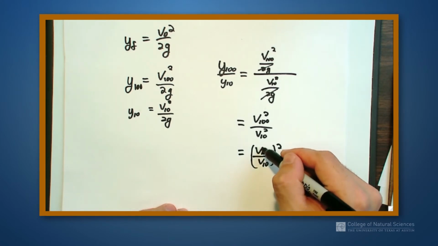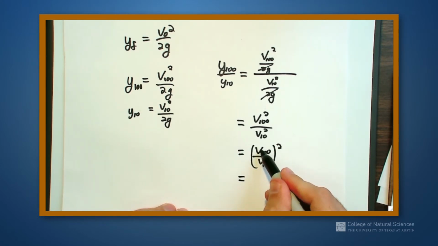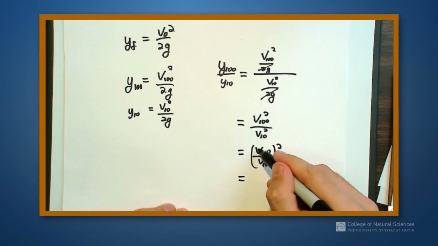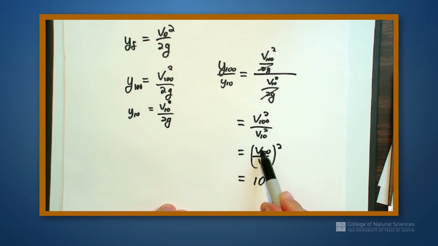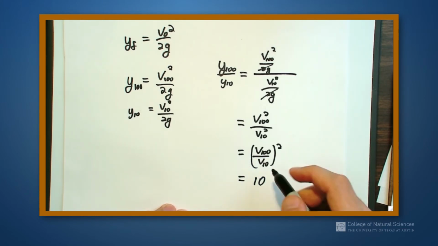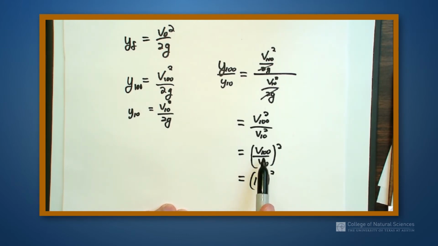I know that this ratio, the 100 and the 10, is a value of 10. This is no units whatsoever because it's 100 meters per second divided by 10 meters per second. It turns out to be a unitless number, but the ratio is 10.